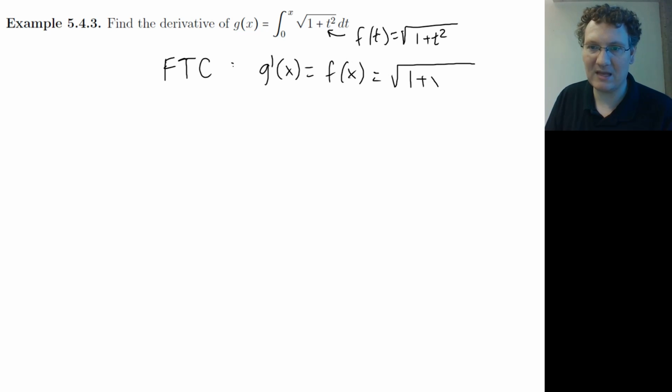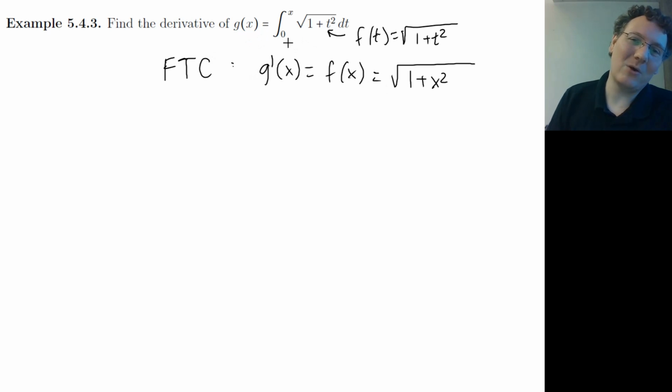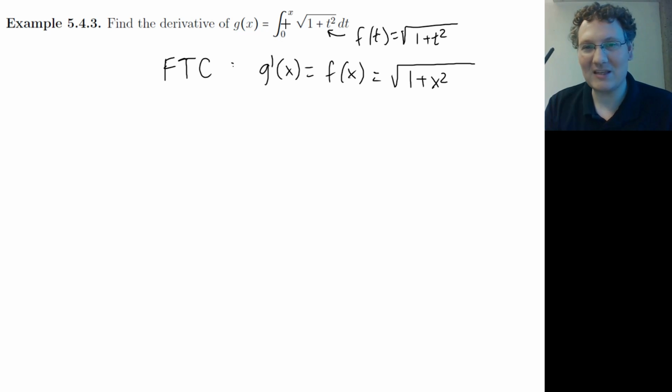So it's going to be the square root of 1 plus x squared. That's what the fundamental theorem of calculus tells us. We don't actually have to find this integral. We don't have to find the antiderivative because we're taking the derivative of the antiderivative, right? Now, the lower bound, because it's constant, when we take the derivative, whatever that came out to be is gone because the derivative of a constant is 0.